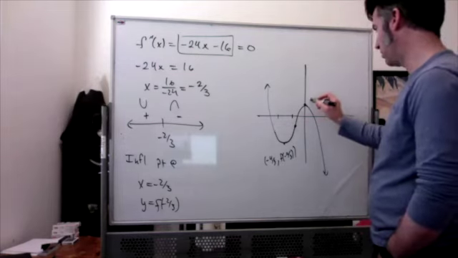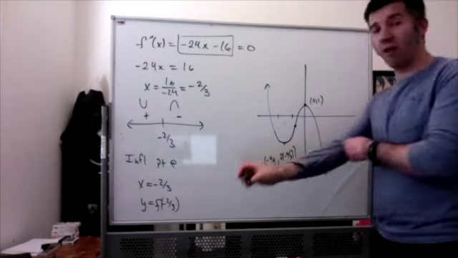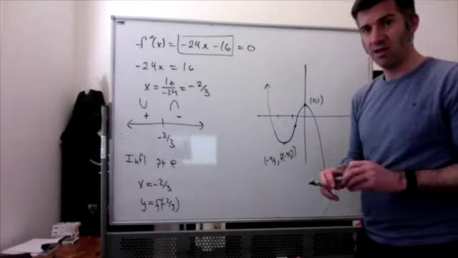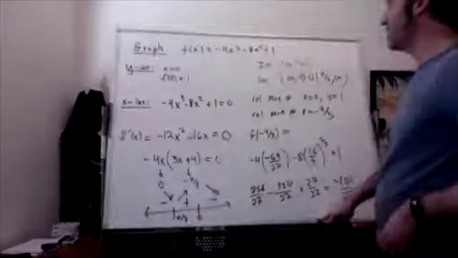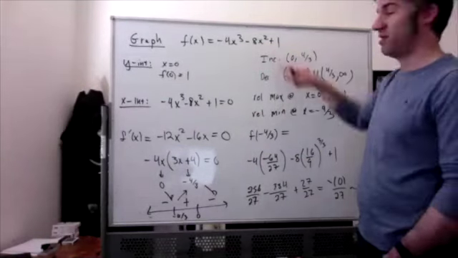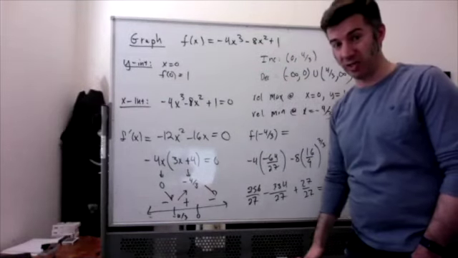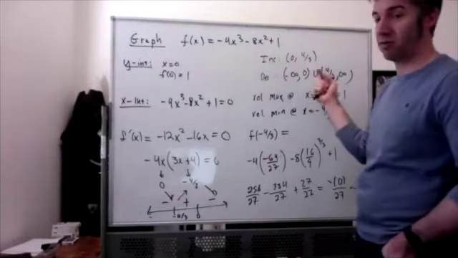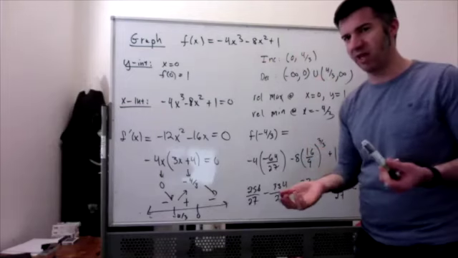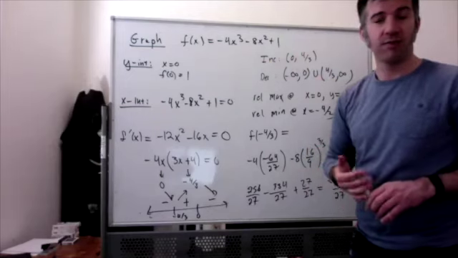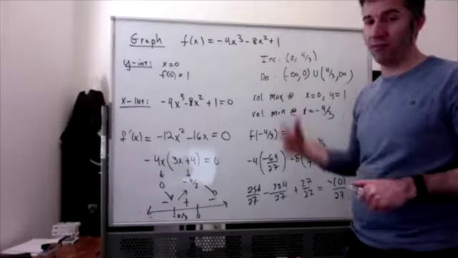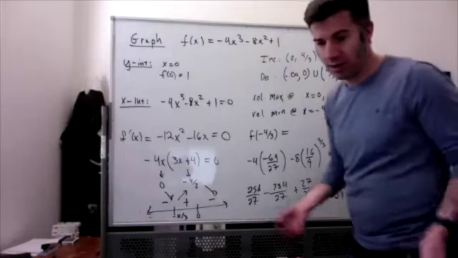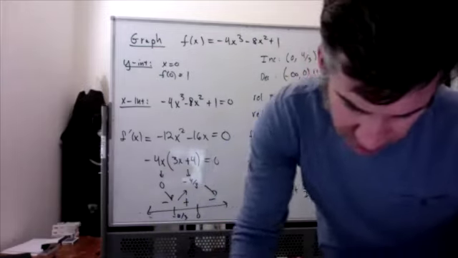And here's my maximum. I don't love this problem because you can't really find the x-intercepts. There's no easy way to solve this equal to 0. It might be extremely, extremely hard to solve this equal to 0. And usually if someone's asking you to graph a thing, most of the time they're going to give you x values or a graph where you can actually find the x-intercepts. Not terrible, but you know, interesting.